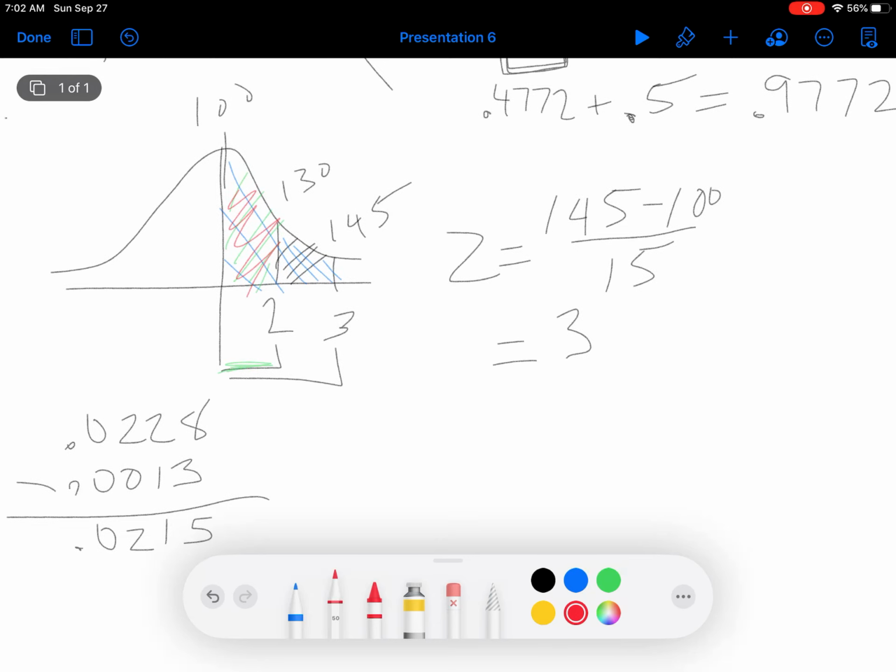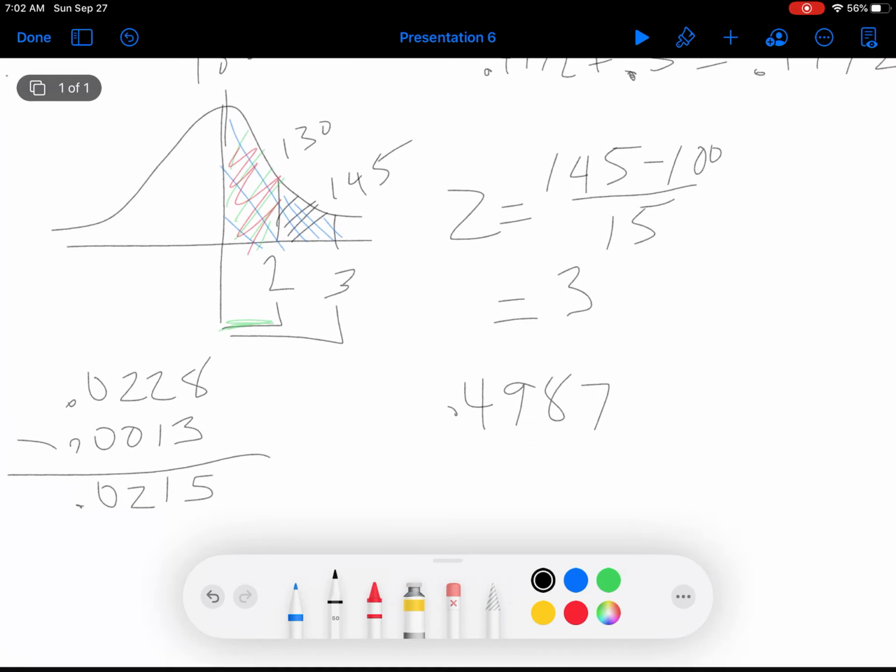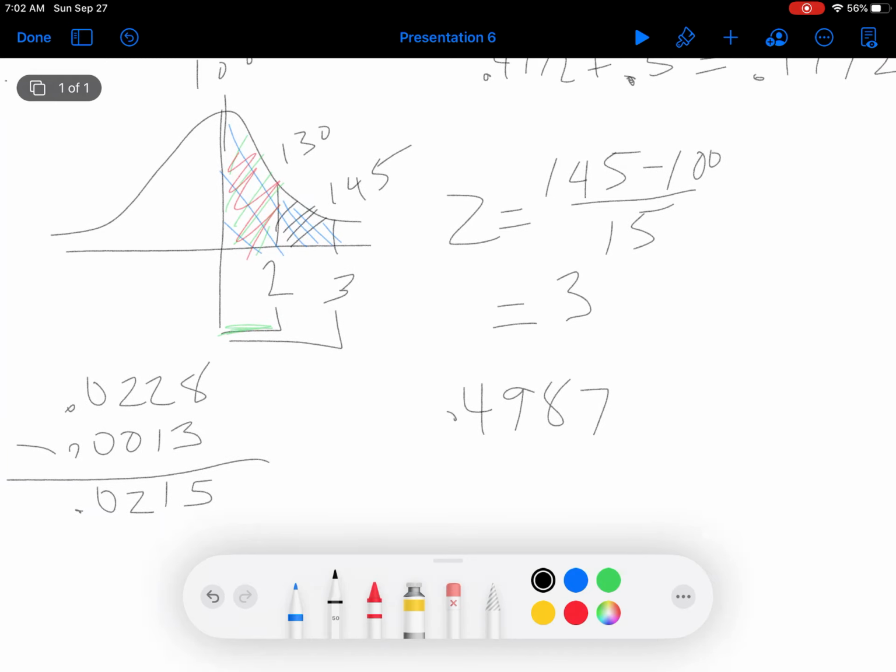Here we're going to go from z to the mean for both of these. If we start with our 3, from 3 to the mean gives us 0.4987. Then from 2 to the mean, if we look that one up, that gives us 0.4772.